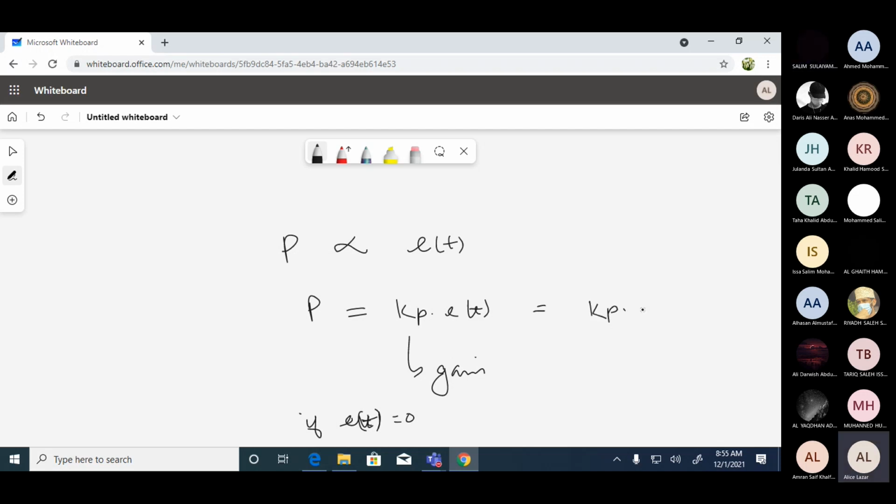So Kp multiplied by, I'm saying that the error is 0. Kp multiplied by 0 equal to? 0. So when there is no error, this controller doesn't produce an output. As the error increases, the proportional controller's output will also increase. But how much it will increase will depend on the value of Kp. Okay.